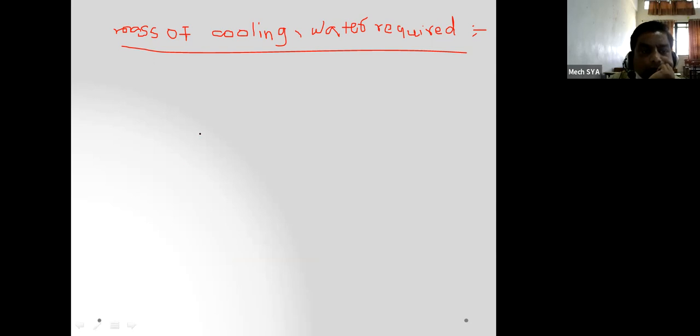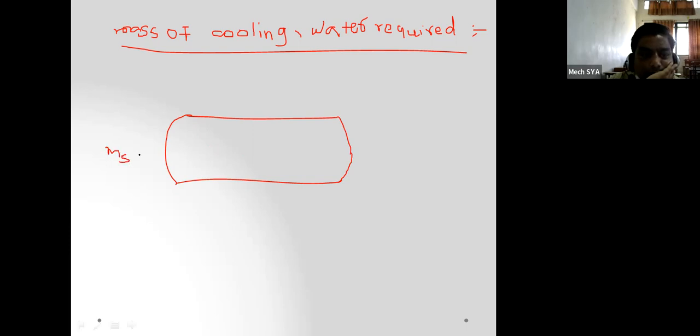Now here we are considering one condenser. Let us consider that ms is the mass of steam, having enthalpy hs, supplied to the condenser.